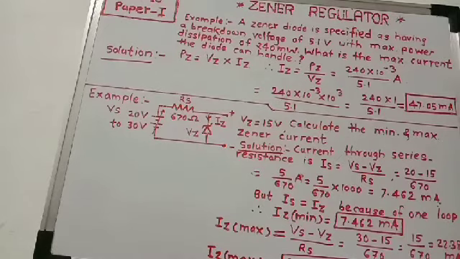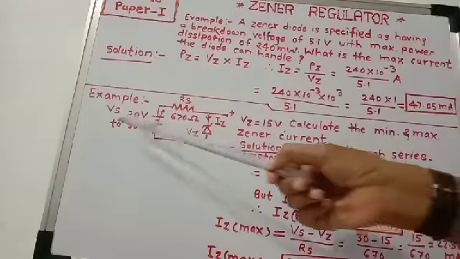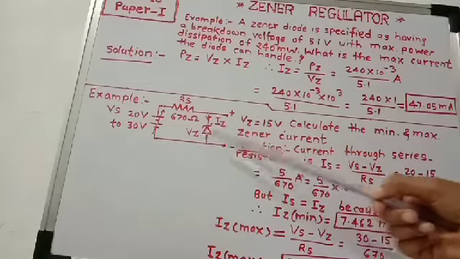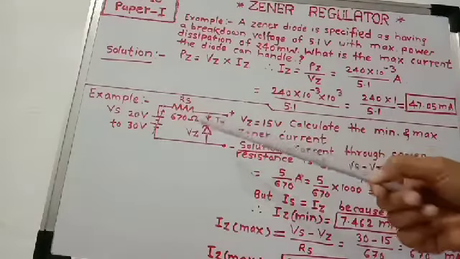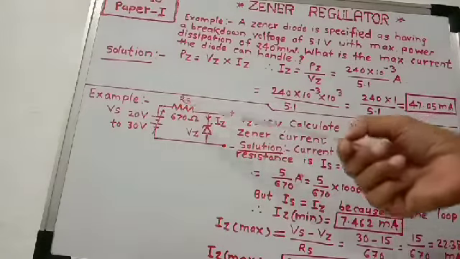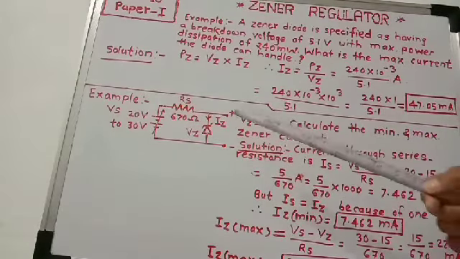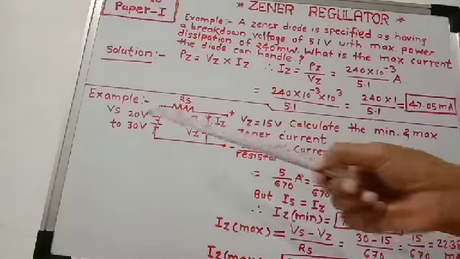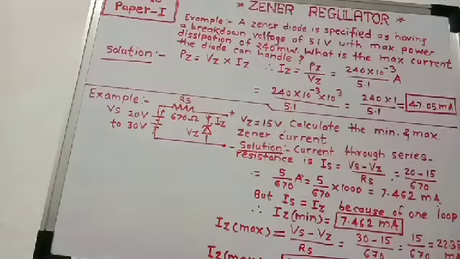Now what is Is? I is equal to V upon R. So Is is equal to Vs minus Vz, 20 minus 15 divided by Rs 670 ohm. Okay.